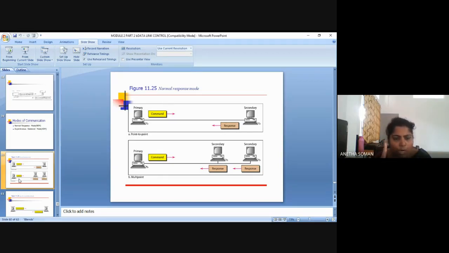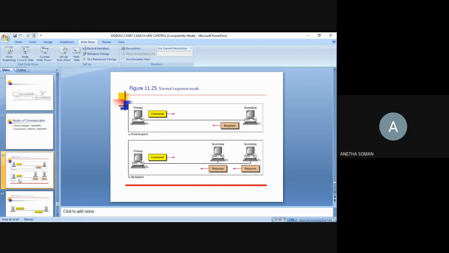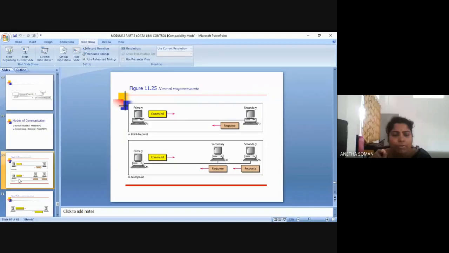You can have one primary station and multiple secondary stations, which can only respond. It is used in both point-to-point as well as multi-point links. So this is the first mode of communication in an HDLC protocol.